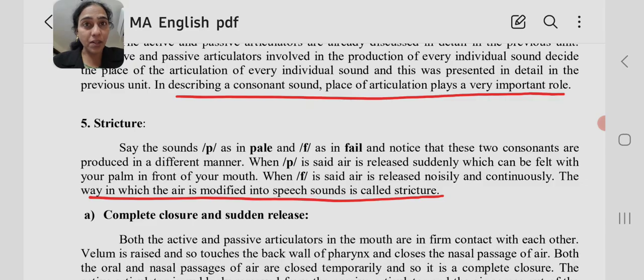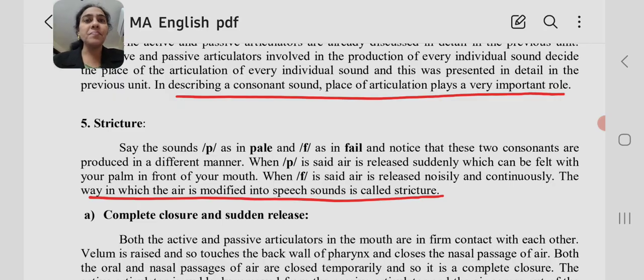Yes, it belongs to plosives because there is an abrupt noise where the air is held up and released all of a sudden. That's where p comes under plosives, and f is a kind of friction, the sound which is associated with the friction and noise and continuous vibration which you can feel when you say it.